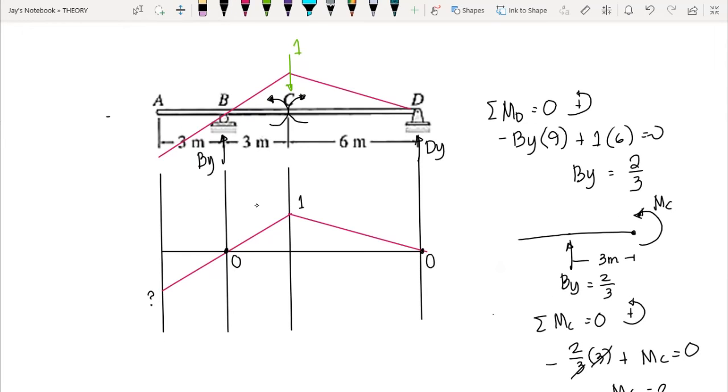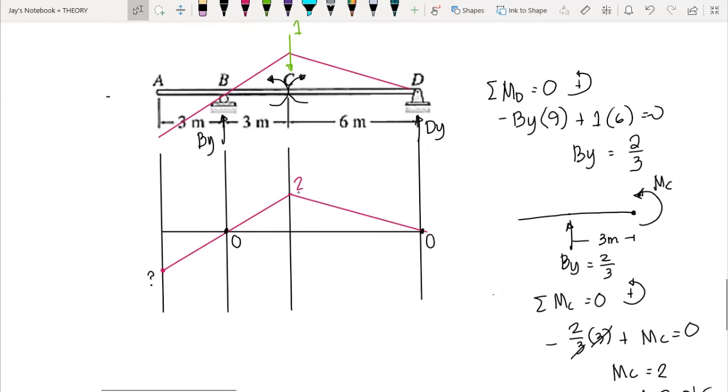So again, we can't be sure that at point C the deflection is 1 unit. So we have to consider using statics or the equilibrium equation. Therefore, the ordinate here is 2.